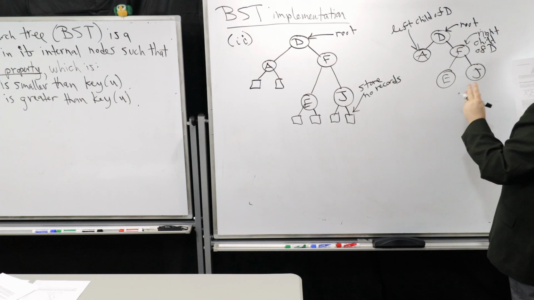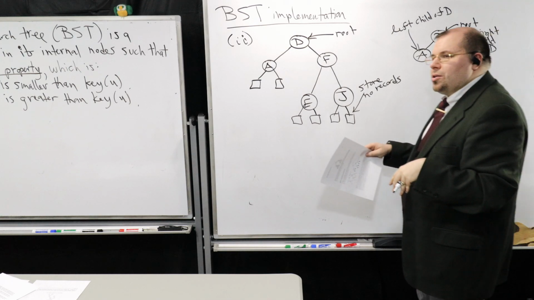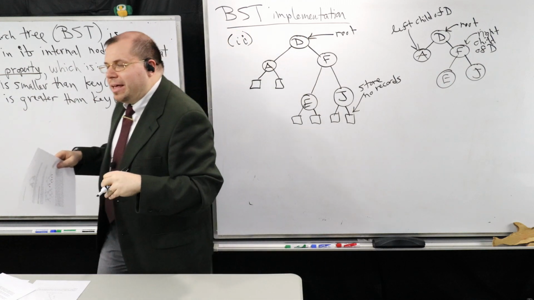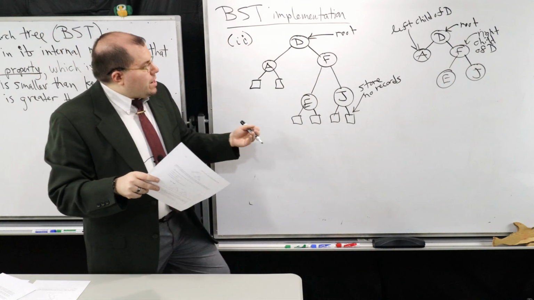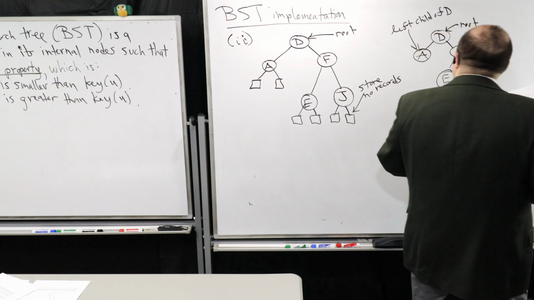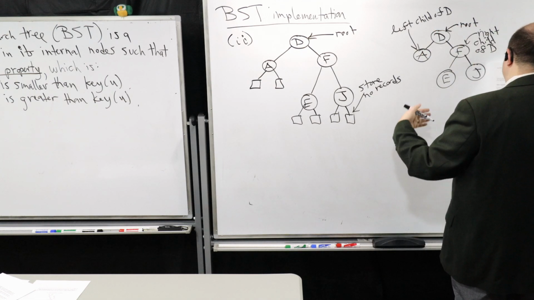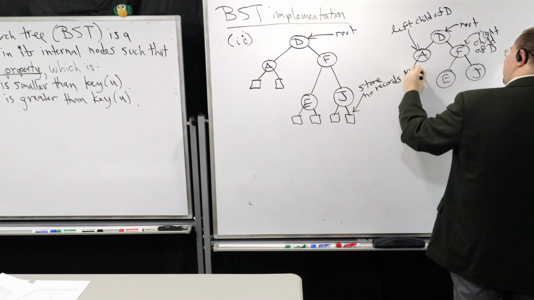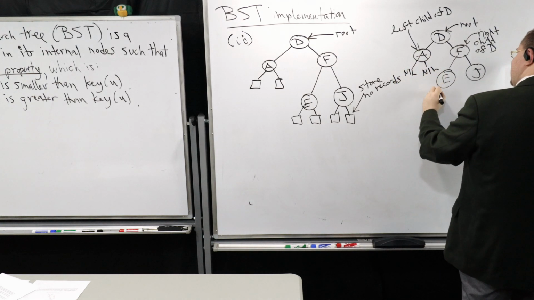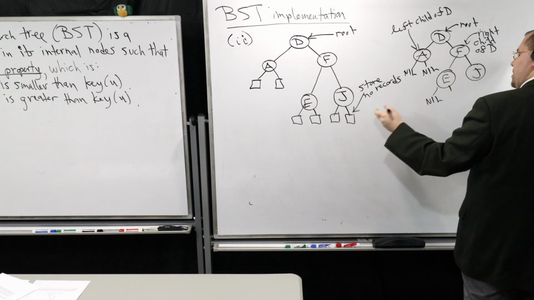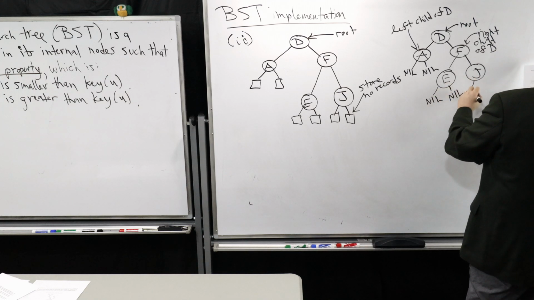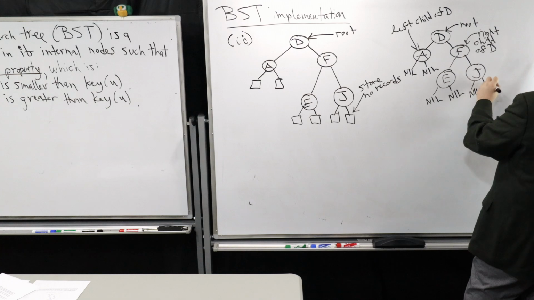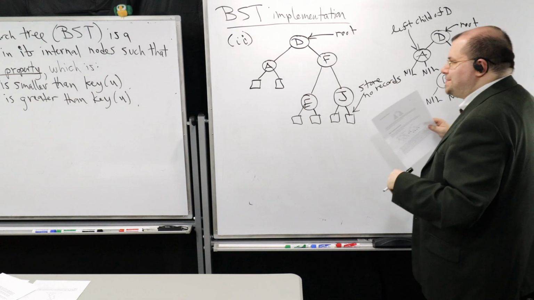And instead of storing nodes that don't have any data in them, I'm just going to have null pointers. Just as the left and the right, they're just going to be assigned null. So I'll just write nil just to keep things short. So for any one that would have been a leaf node in that representation, all of these are just going to be represented as null.